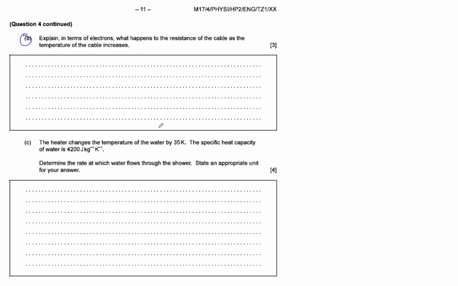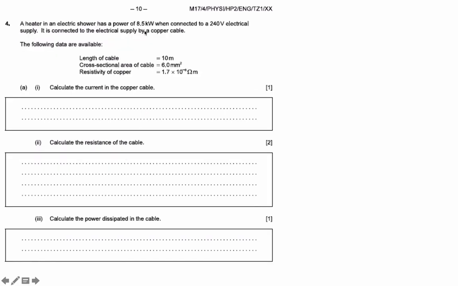Okay, and then the heater, this is just like our 18.1. It changes the temperature of water by 35 kelvins. The heat capacity is 4,200. Determine the rate at which water flows through the shower. Remember, the power is 8.5 kilowatts.